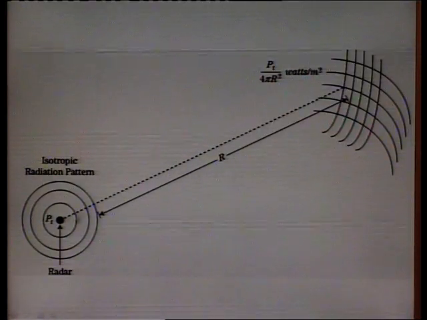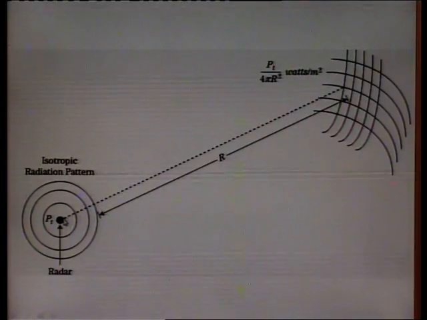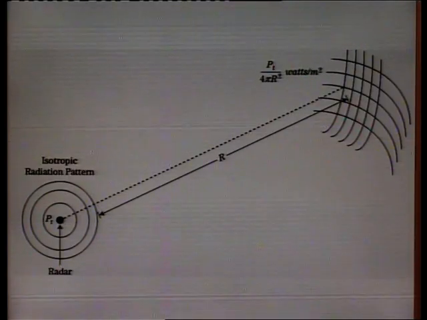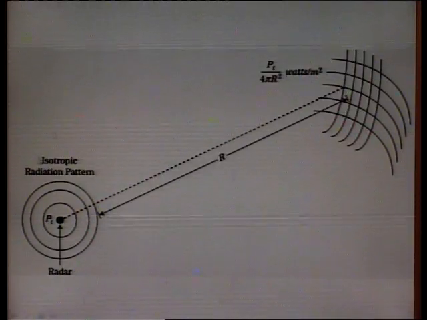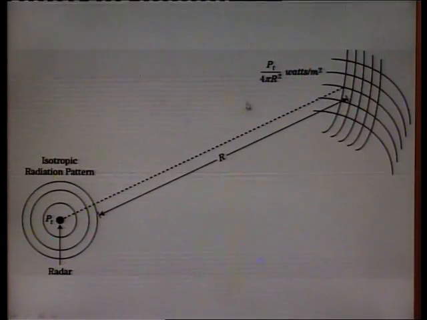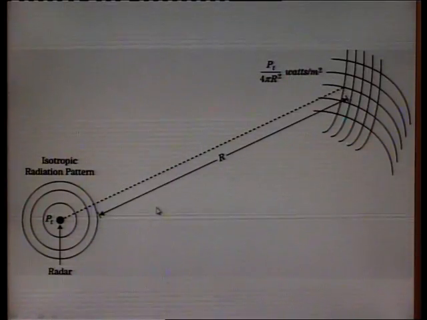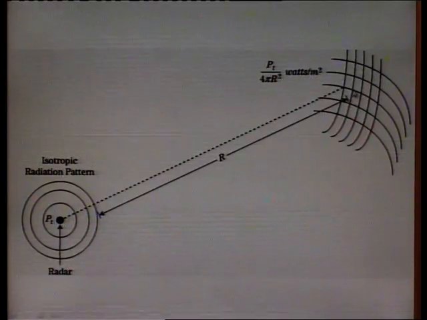When we transmit a signal, if the antenna is not very directional, then the signal will be scattered all around the transmitter. At a particular distance, say r, which is called the range of the radar, if we have some object, what will be the signal strength reaching there?